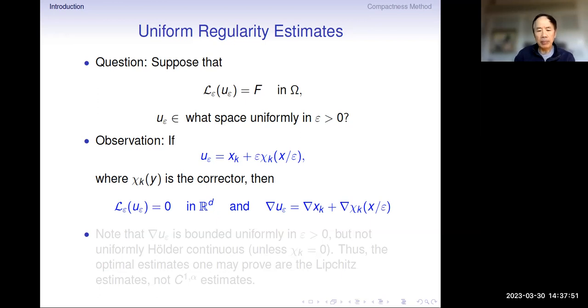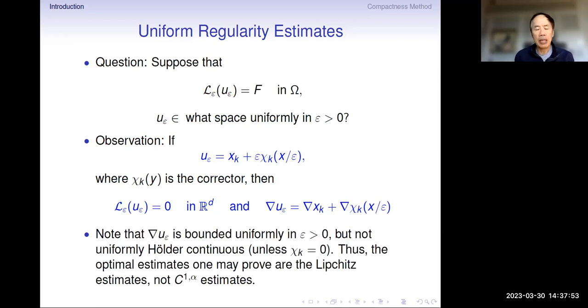All right, so I already presented this example that if you look at the function x_k, that's just the k-th component of the variable x, plus epsilon times chi k of x over epsilon. Chi k here is the so-called corrector.